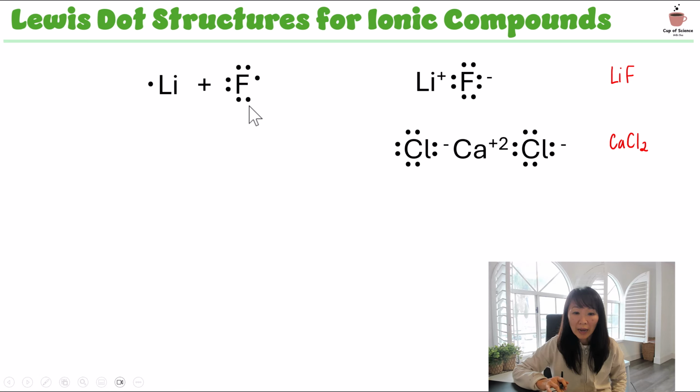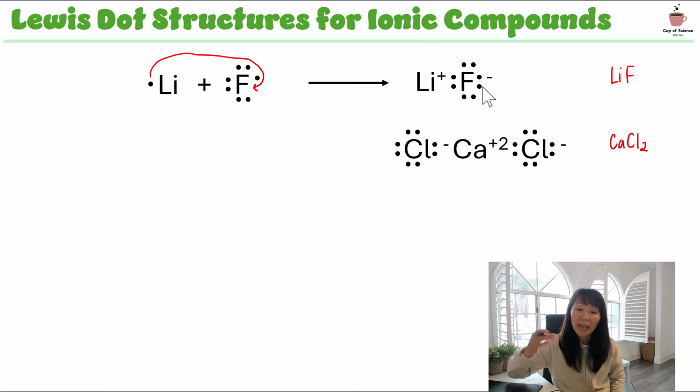And what happened there? One of the electrons from the lithium has been donated to the fluorine, and it went here in that position. When it went into that position, it became lithium fluoride, lithium gaining a positive charge and fluorine a negative charge, because fluorine has gained 1 electron and lithium has lost 1.